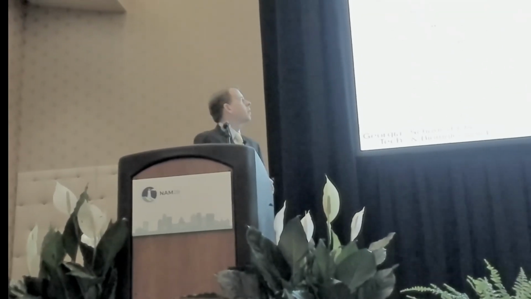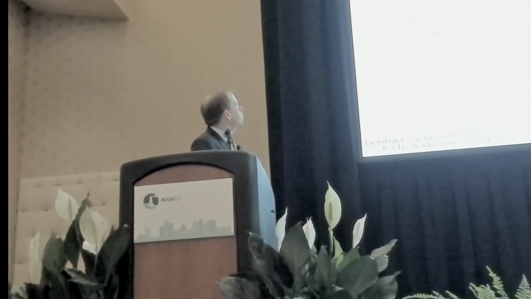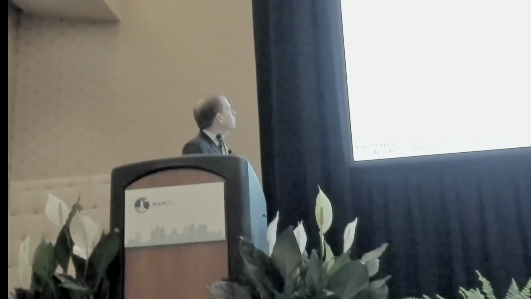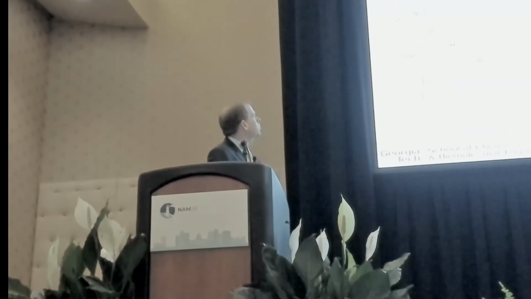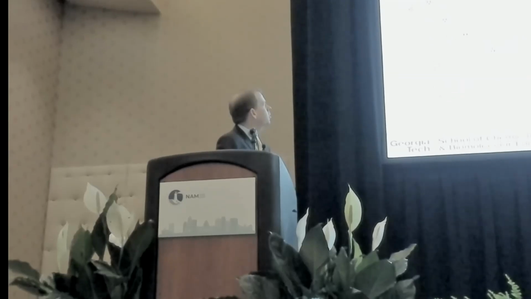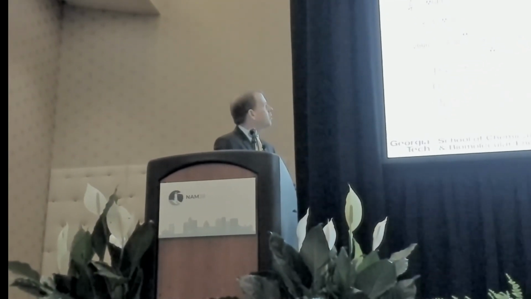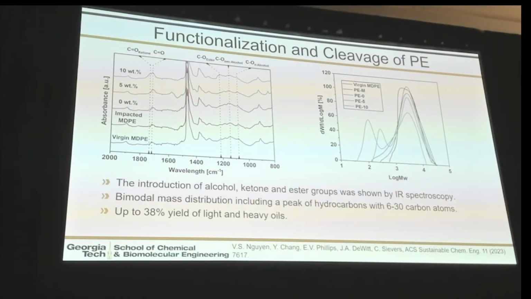We are able to show that we have increased abundance of oxygen in this polymer, and when we do GPC analysis, we find a distribution where the small molecular weight fraction is in the range of 6 to 30 carbon atoms. So this is in the range of fuels.